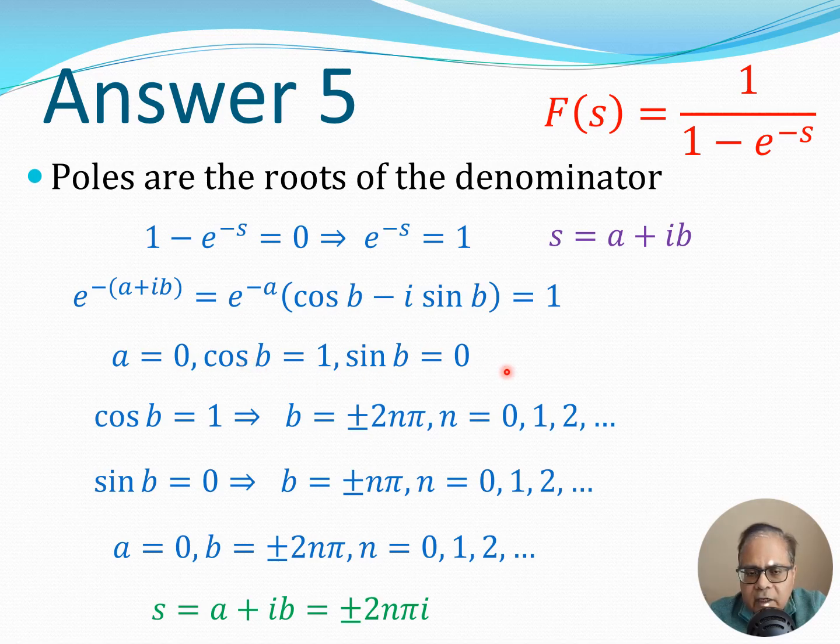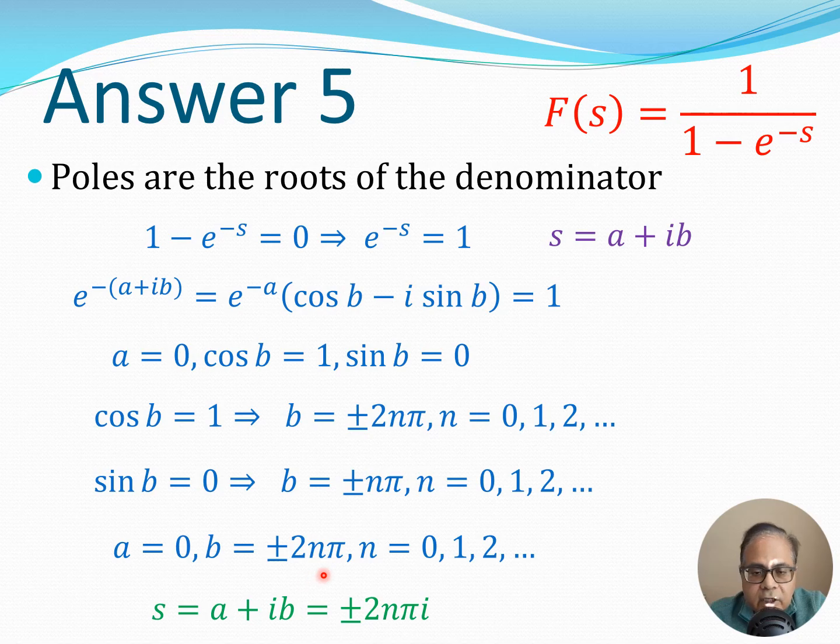After that I can do some more simplification. cos b should be 1, so b should be ±2nπ, where n is 0, 1, 2, and sin b = 0 gives me b is ±nπ, n is 0, 1, 2. Now what I'm looking for is something that satisfies the fact that cos b is 1, and so from there I get that b is ±2nπ. That of course is going to satisfy sin b = 0 also. So that is the solution I'm looking for.